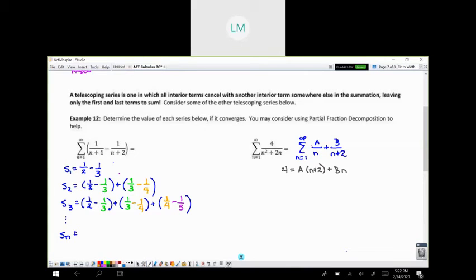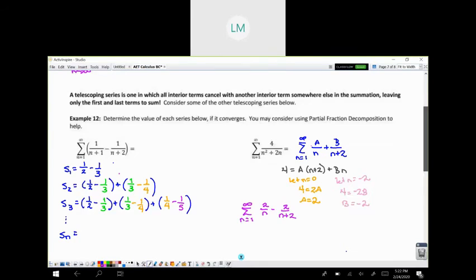So let n equal 0, and we have 4 equals 2a, so a equals 2. Then we let n equal negative 2, so 4 equals negative 2b, so b equals negative 2. So now we have the sum from n equals 1 to infinity of 2 over n minus 2 over n plus 2.